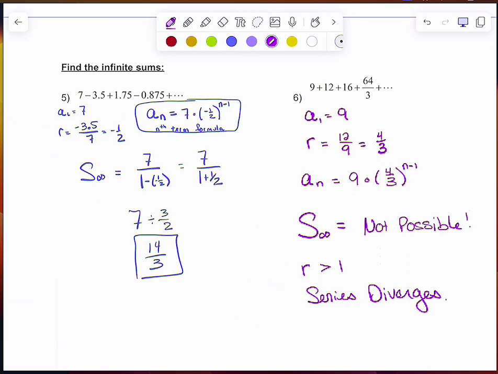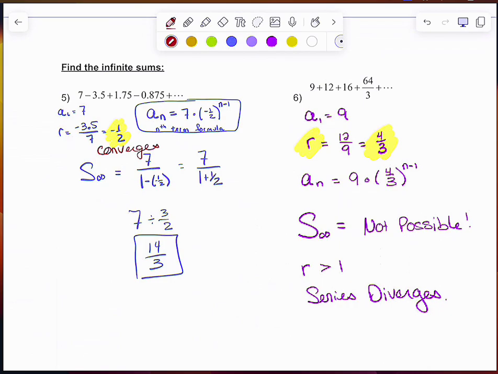You wouldn't include the 1 minus part. You are not checking the formula. You're checking the r value. So on this one, my r was negative 1/2, so that one converges. The other one, 4/3 is bigger than 1, so it diverges.